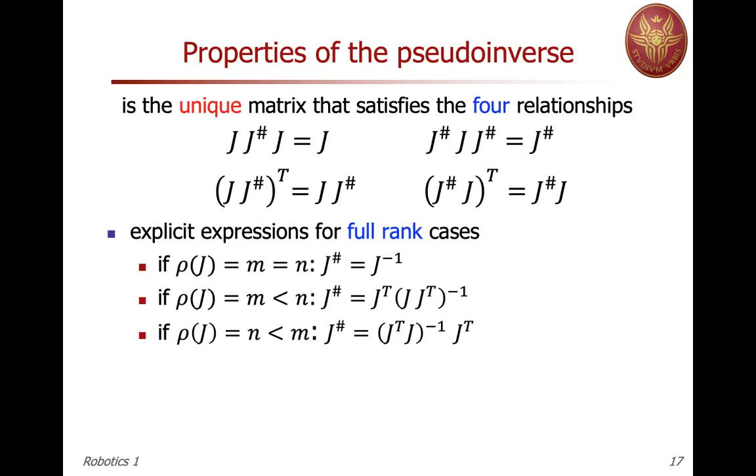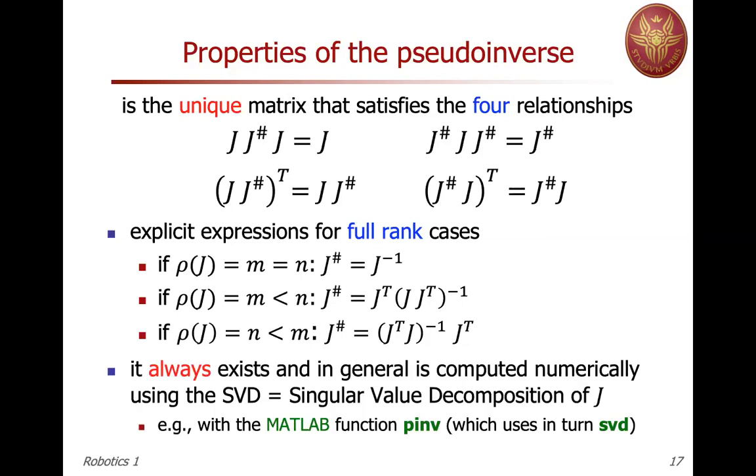What if we are not in the full rank case? In this case, we still know that the pseudo-inverse always exists and is unique, but in order to compute it, you have to do it numerically. You cannot have an explicit, although complex, form like this.